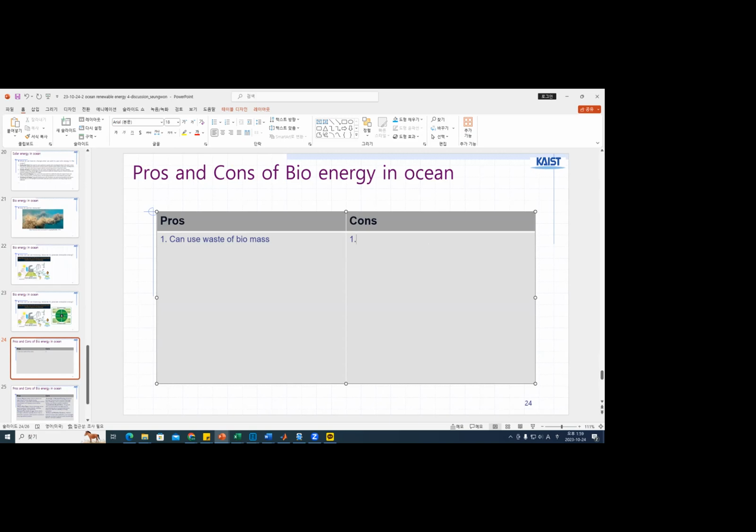If we cannot control it enough, nutritional pollutants can happen in the ocean.